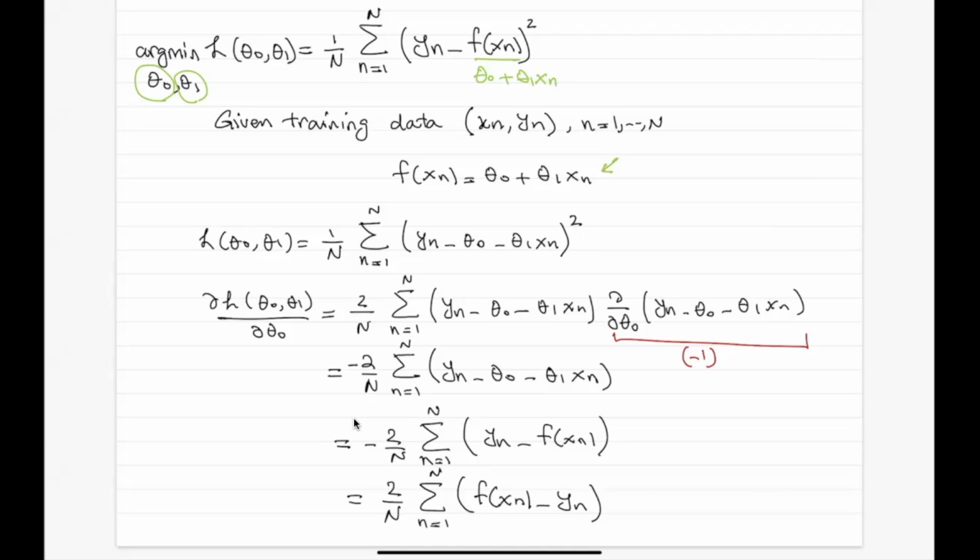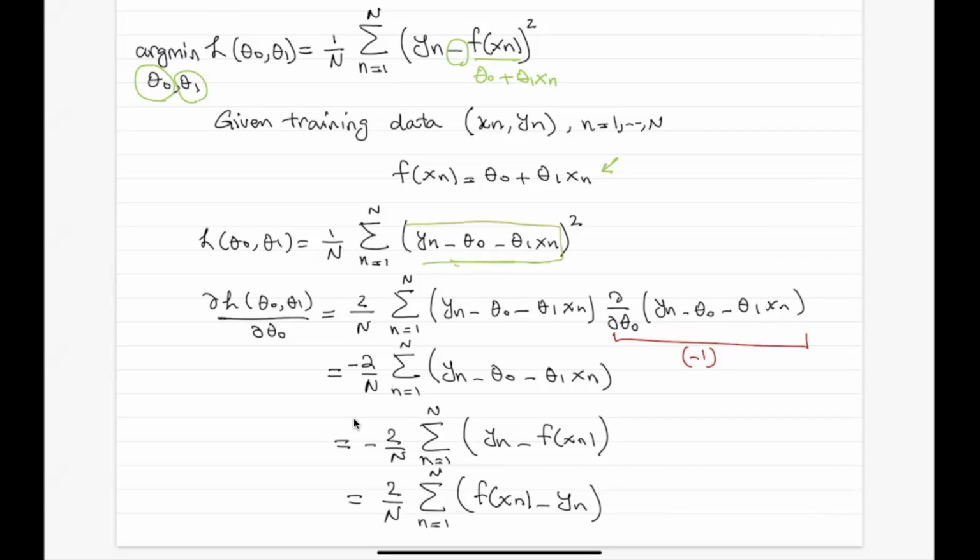Okay, so in order to find partial derivatives, let's substitute here theta 0 plus theta 1 xn. We also have a negative sign here, so this would be negative theta 0 minus theta 1 xn. If you take the partial derivative of this with respect to theta 0, remember that since the derivative is a linear operator and you have a summation here, you can find the derivative of the terms inside this summation.